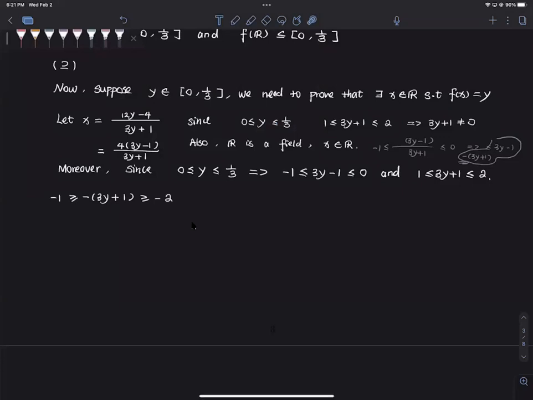Now I have this, I have this. Okay, and I want to show this is less than or equal to this, which is simple. Why? Because this is greater than or equal to -1, but yours is less than or equal to -1. So combine those two, you will get 3y minus 1 is greater than or equal to -3y plus 1 and less than or equal to 0.